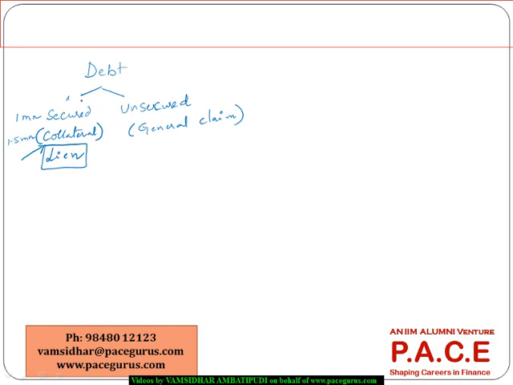So in case the default occurs, this collateral can be sold off and 1.5 million is generated, 1 million is taken by the lender and the remaining 0.5 is returned back to the owner.